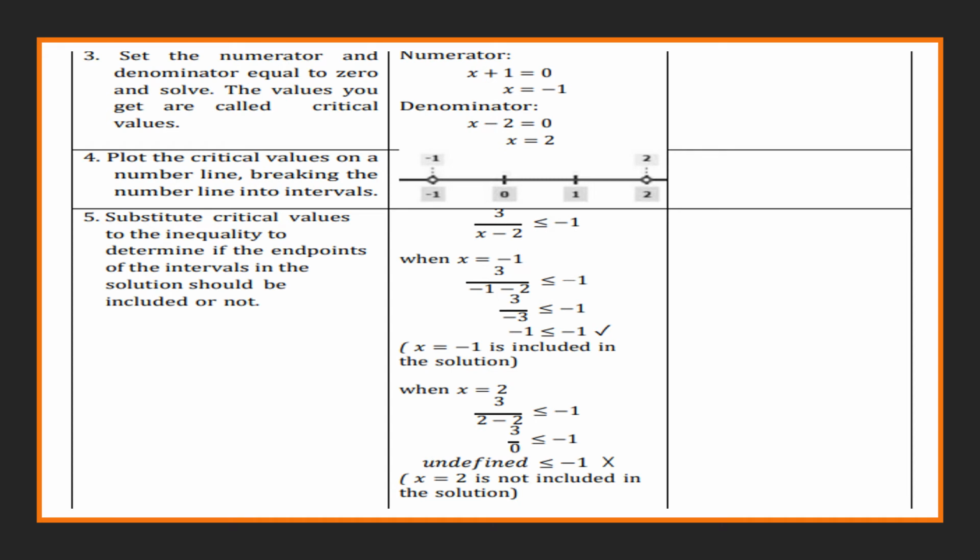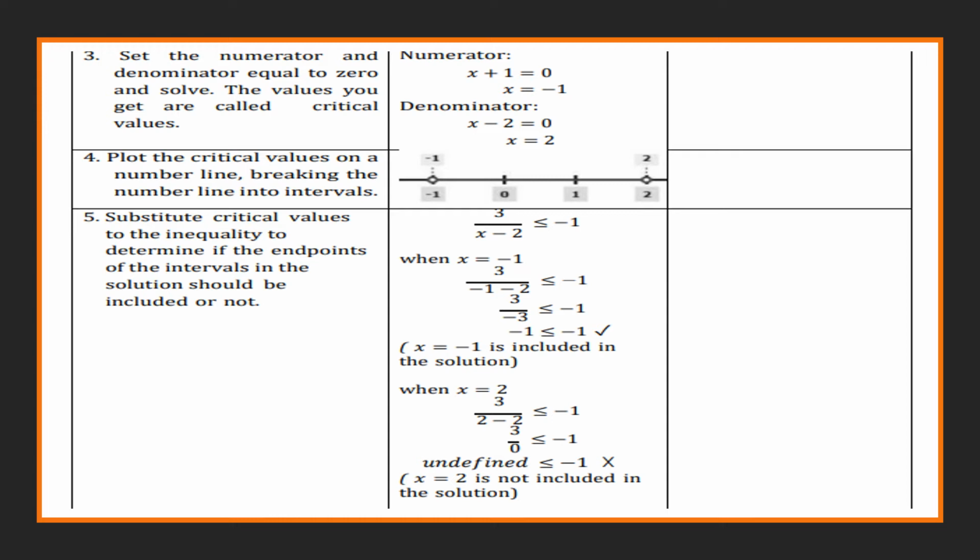Step number 3: set the numerator and denominator equal to 0 and solve. The values you get are called critical values. The numerator is x plus 1, equate it to 0, then solve for x equals negative 1. Then from the denominator, x minus 2 equals 0, which is x equals 2. Plot the critical values on a number line, breaking the number line into 2 intervals.